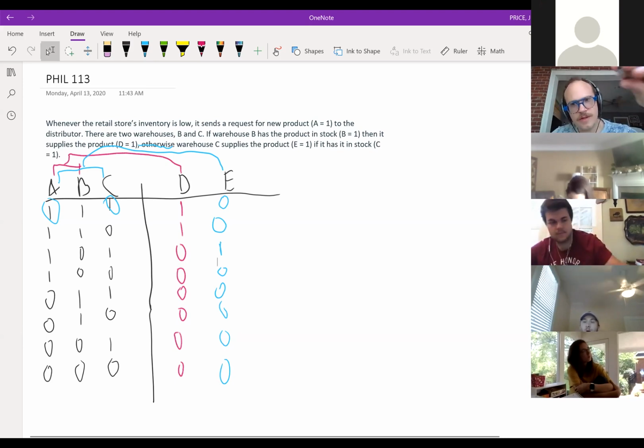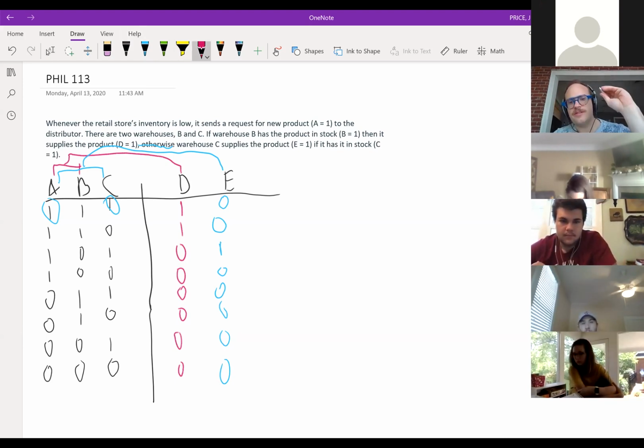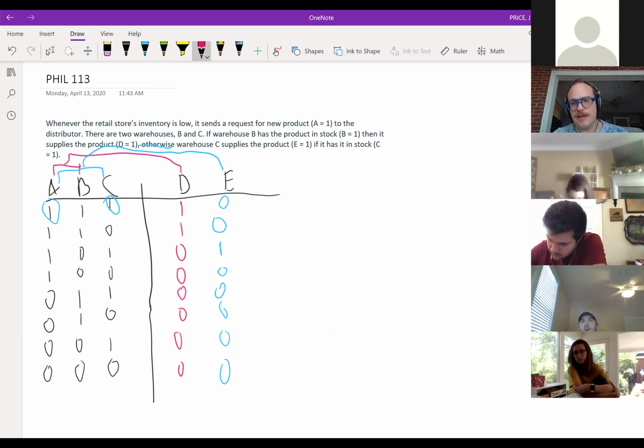So let's do the next step. So the next step here is figuring out a well-formed formula to match each of the outputs. So our really reliable method for that is using disjunctive normal form.